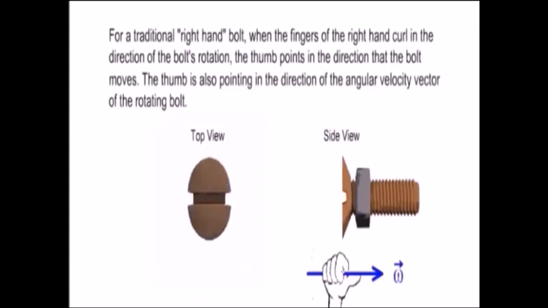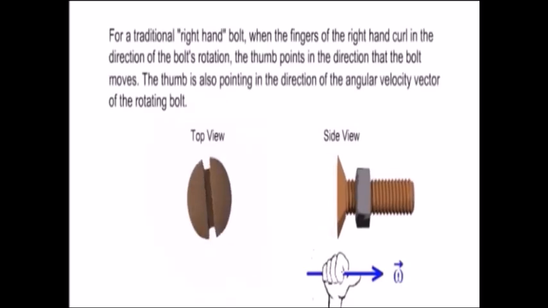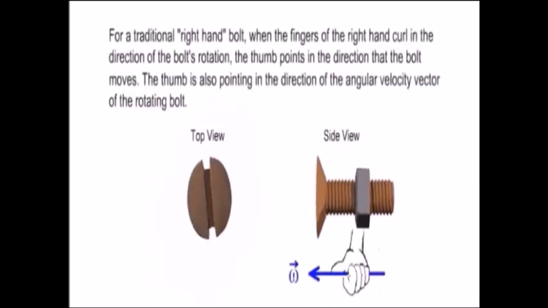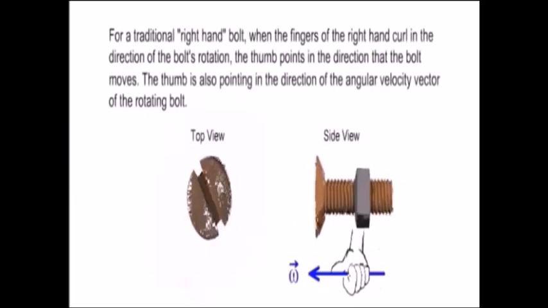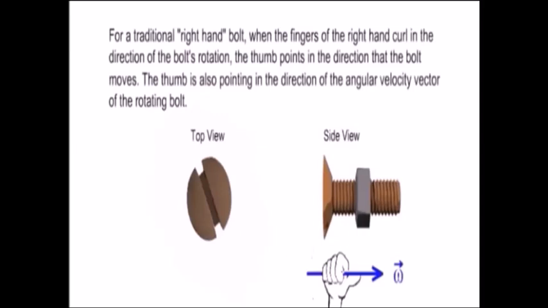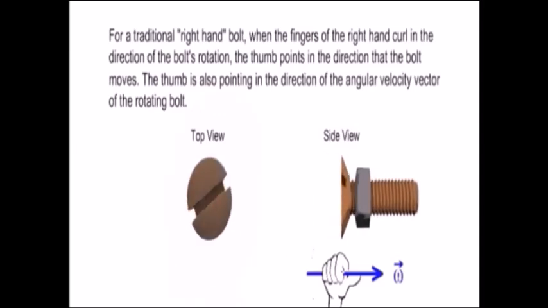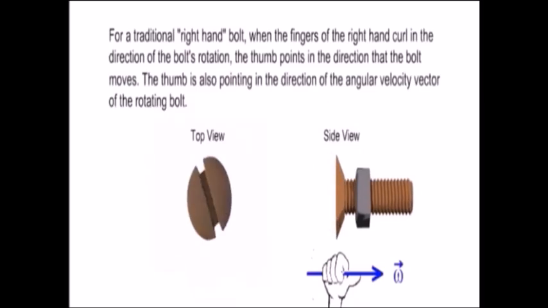If on giving the clockwise rotation to the screw, the thumb is pointing forward, then the clockwise rotation is the magnetic field line and the forward direction of the screw is the current. The reverse is also true. If we give anti-clockwise rotation, the screw comes backward towards you, then the backward direction of the screw is the direction of current, and the anti-clockwise direction of the screw is the direction of magnetic field lines.